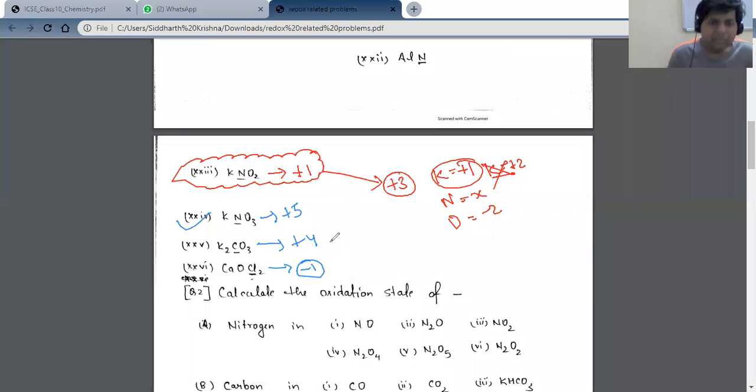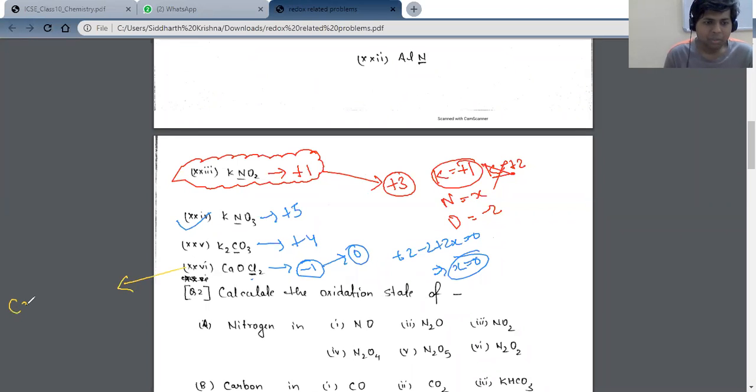Everyone be silent and let him answer. Zero, sir. How zero? Plus 2 minus 2 plus 2x is equal to 0. That is why you are getting x equal to 0. But something interesting to note here, this CaOCl2.